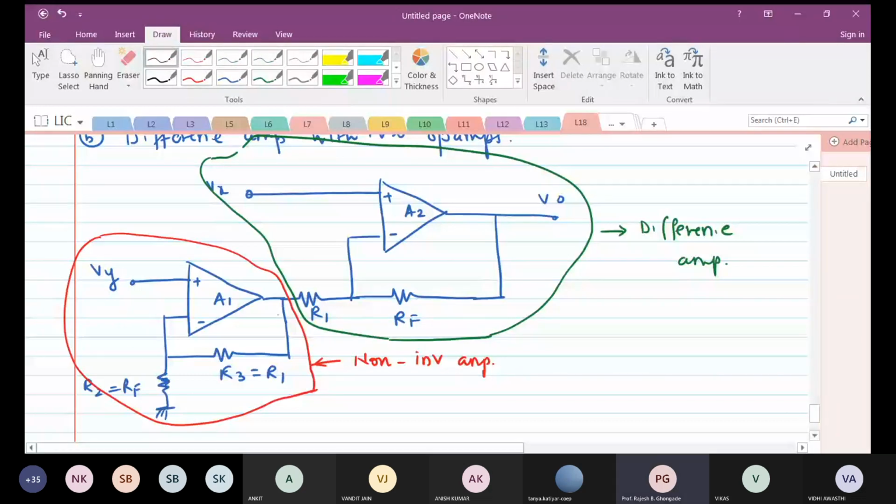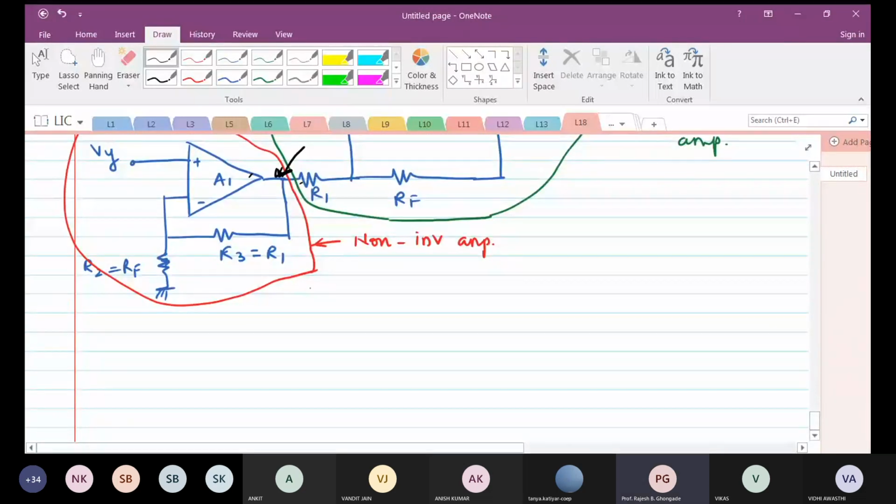Call this voltage over here as Vz. Then you'll be able to see easily. What is Vz? Non-inverting amplifier, so Vz is (1 plus R3 upon R2) into Vy.